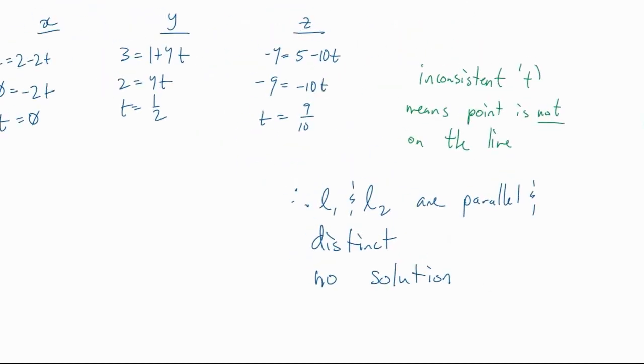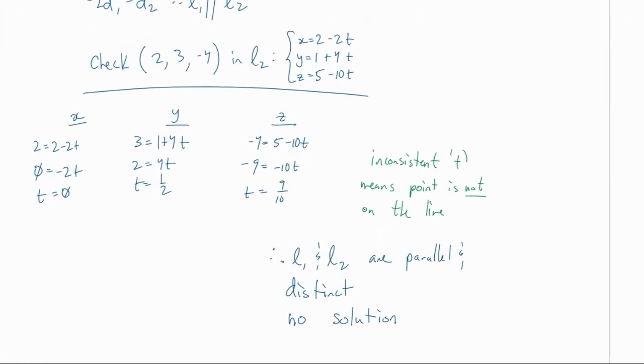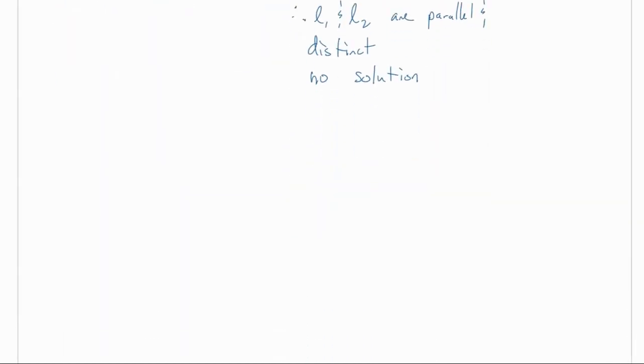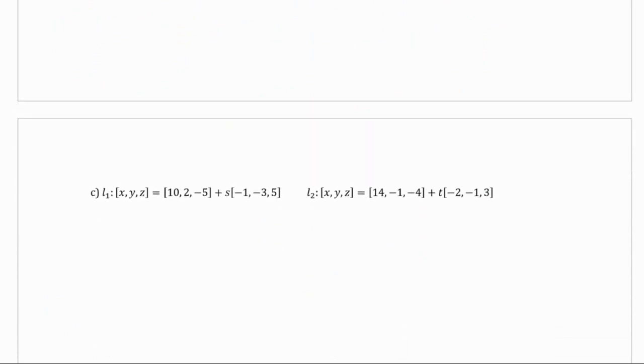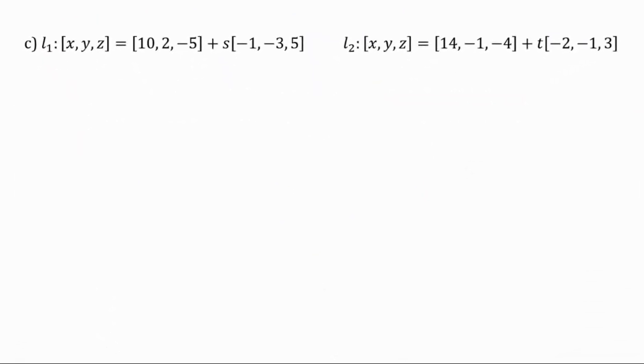So there's 2 examples. Those 2 are similar in that we were able to examine the direction vectors and stop there. Well, not stop there, but that gave us the information we were looking for, and we were able to just do a check to finish our solution, right? And we're going to obviously see in the next examples what happens when the direction vectors are not scalar multiples of each other.